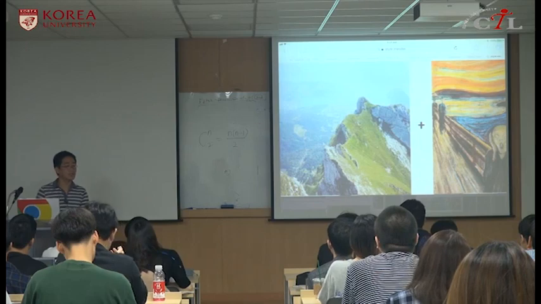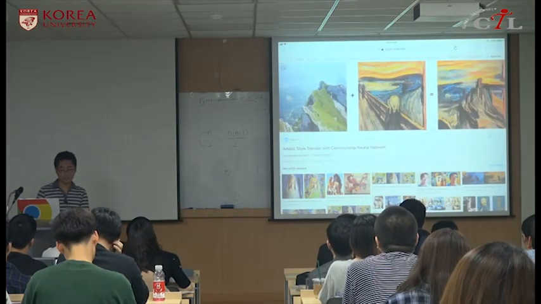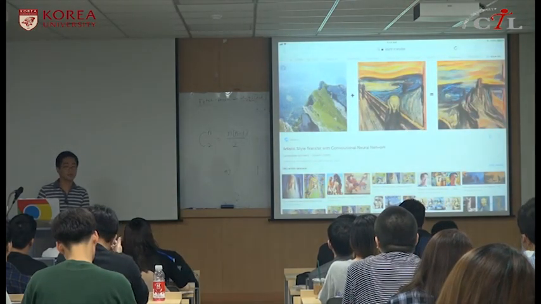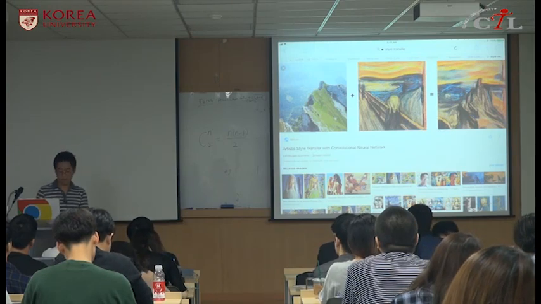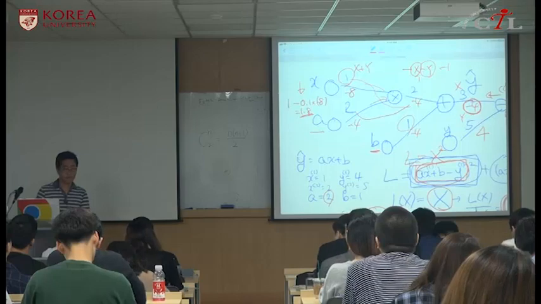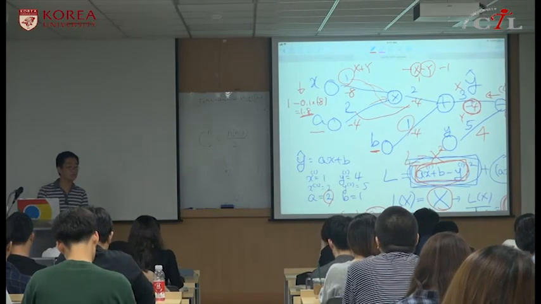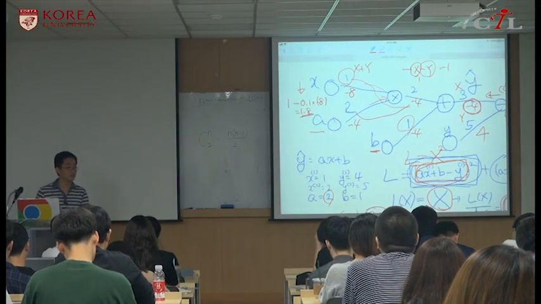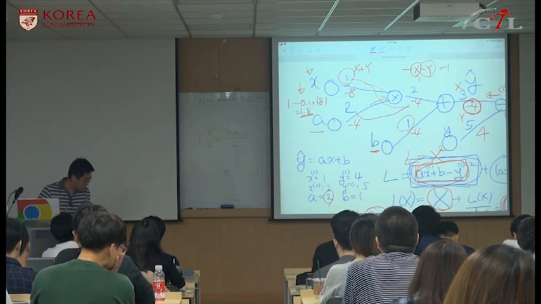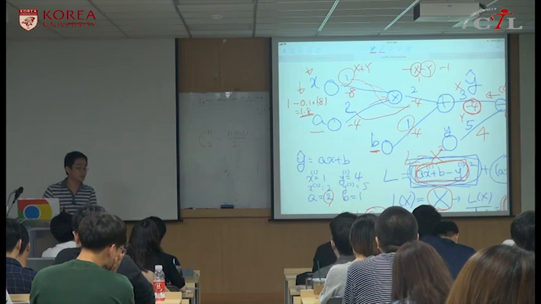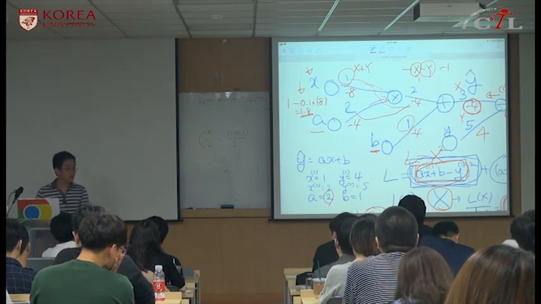So in this case, it makes sense to change the input values for this particular problem called style transfer, okay? Later you will study this example in more detail, but anyways, I wanted to emphasize that whether they are parameters or input values, you have no problem applying gradient descent.